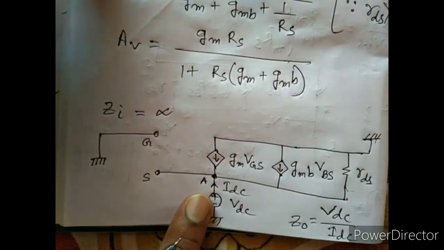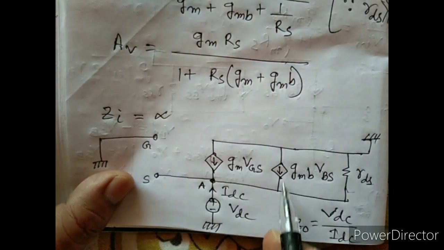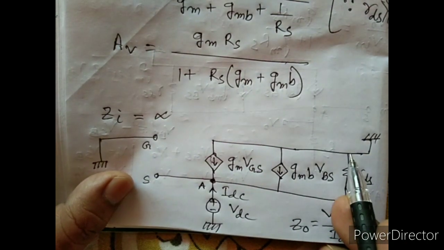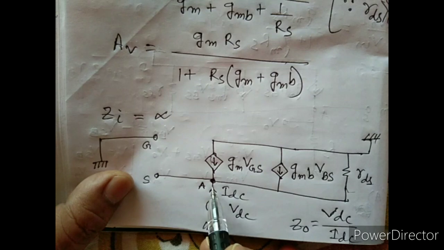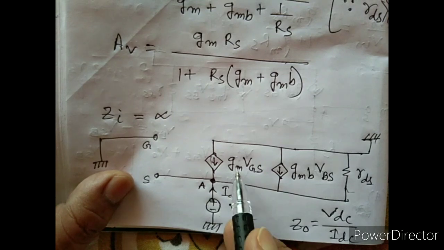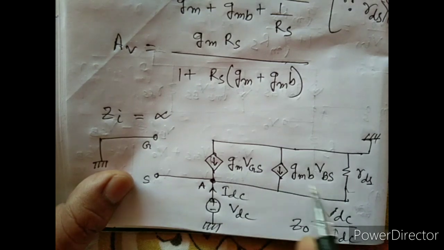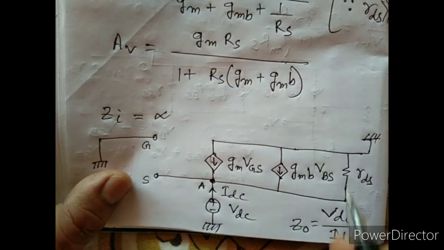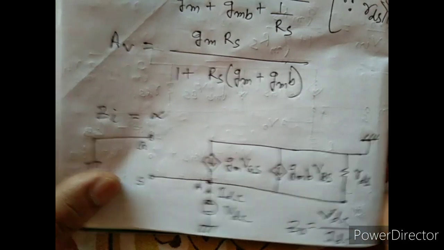At this node terminal, this current is getting in, this current is going out, this current is getting in. So IDC plus gm VGS plus gmb VBS minus, across rds the voltage across that terminal is VDC. So VDC divided by rds is current passing in this direction.